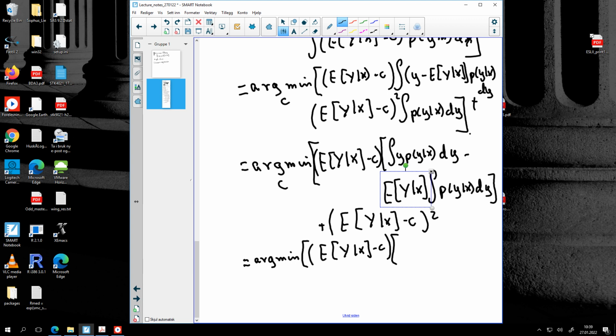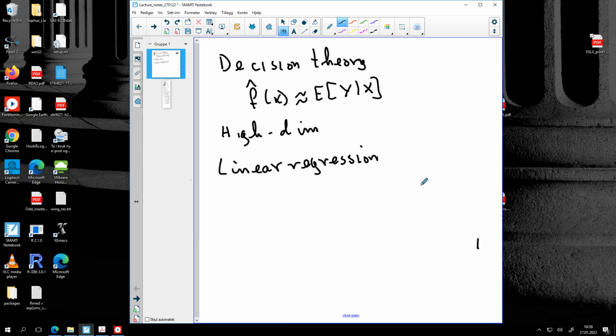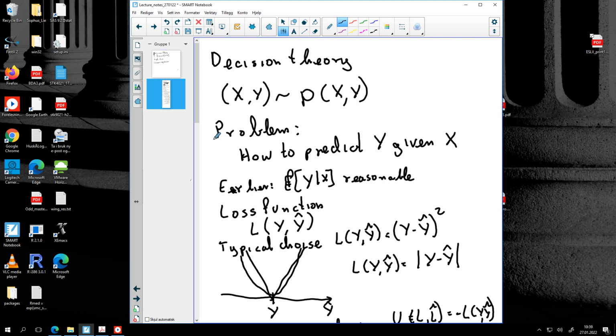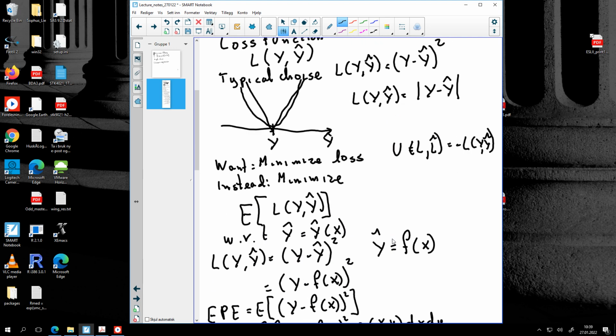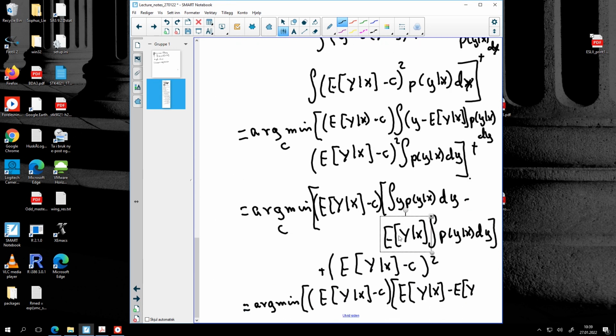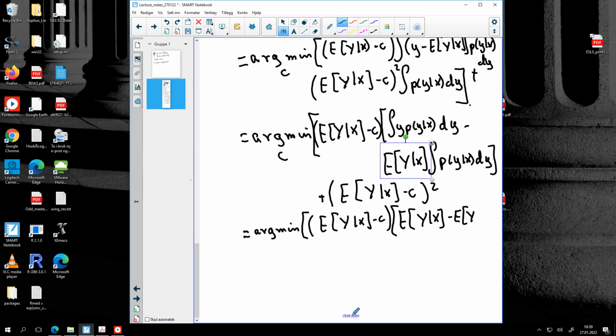And then this term is just now the expectation of y given x. And then if you look at this part, this is also the expectation of y given x times this integral, but this is the same integral as before, it's just 1.